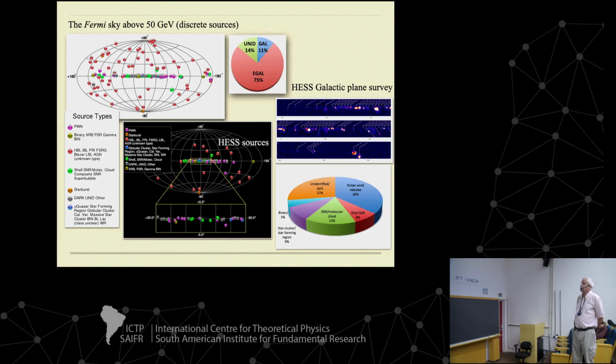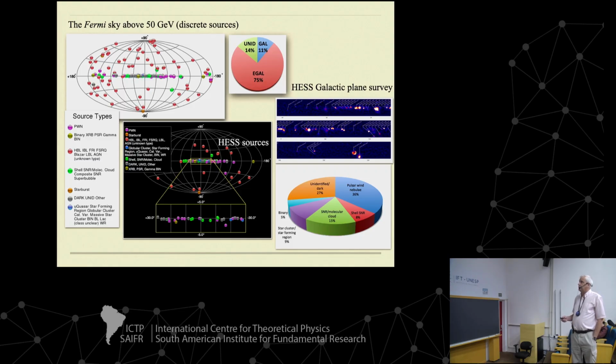And we have 11% of identified galactic sources, more or less the same types: pulsar wind nebulae, some binary systems, and then supernova remnants, mostly in interaction with molecular clouds, and also microquasars and even a very massive star that we will discuss in detail later.